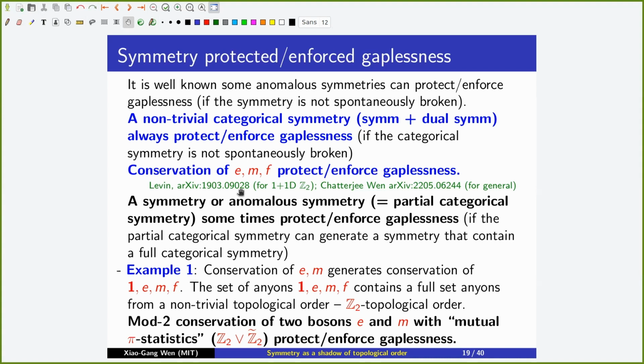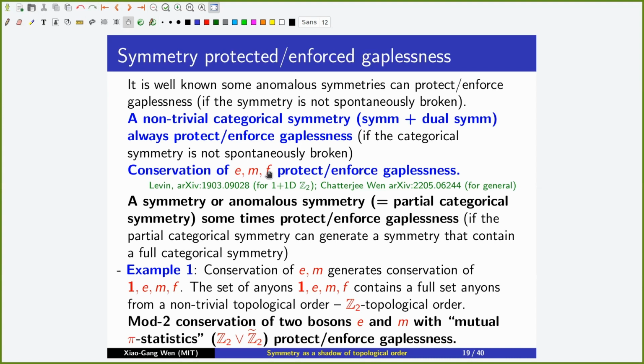Let me say it again. If you only look at E, the Z2 symmetry for E conservation already implies the full categorical symmetry. But if you only look at the E conservation, it's an anomaly-free Z2 symmetry. For the same categorical symmetry, you can view this as a Z2 symmetry for E and M, and that corresponds to an anomalous Z2 symmetry. Or you can view this as a Z2 symmetry for E and F. Again, that's an anomalous Z2 symmetry.